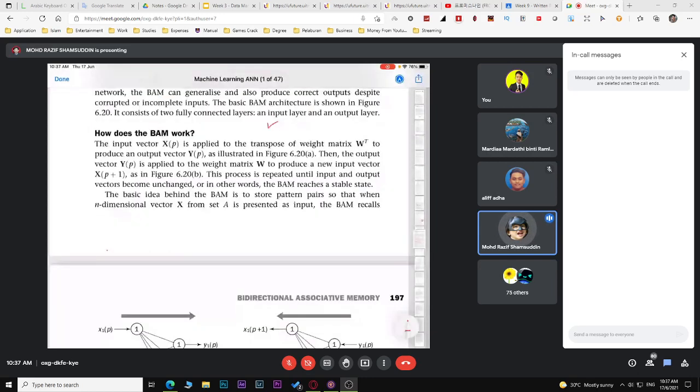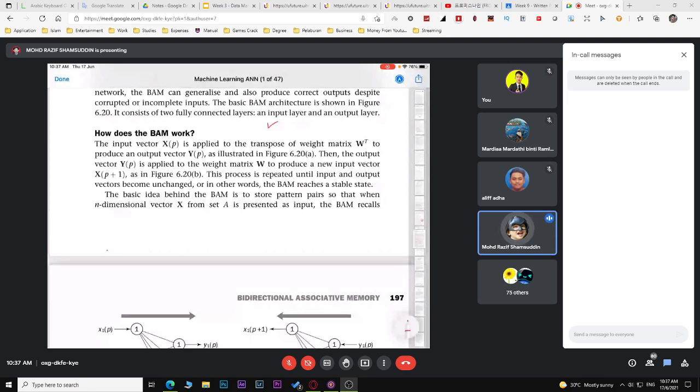So previously we have already learned about Hopfield network, and we have already learned that there's a memory issue, right? So Hopfield network works on memorizing patterns, right?